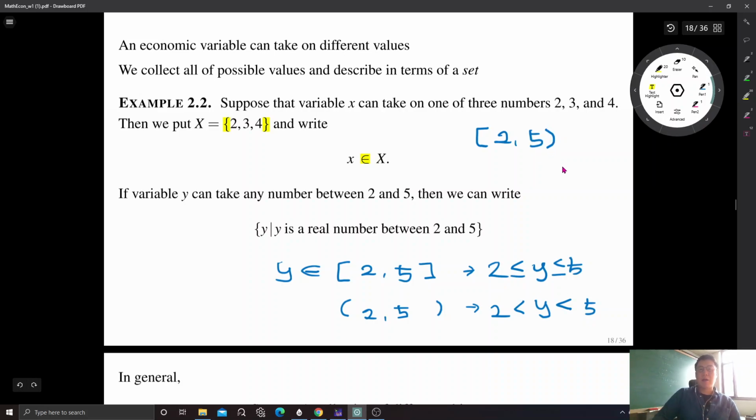That means if y is an element of this set, y is any number larger than or equal to 2, but strictly less than 5. So we can express a set in words like this, or using math symbols.